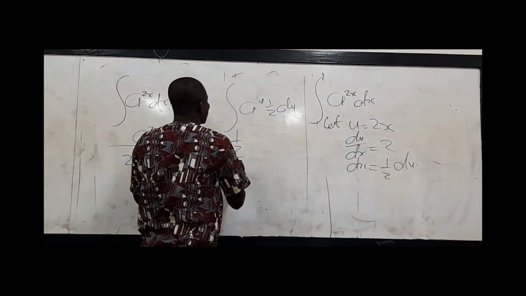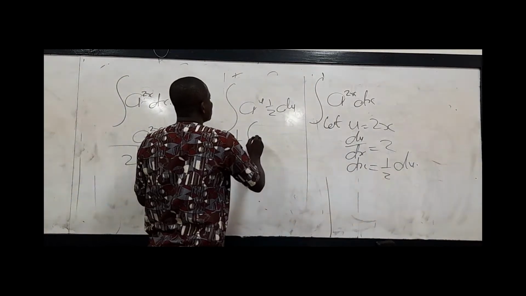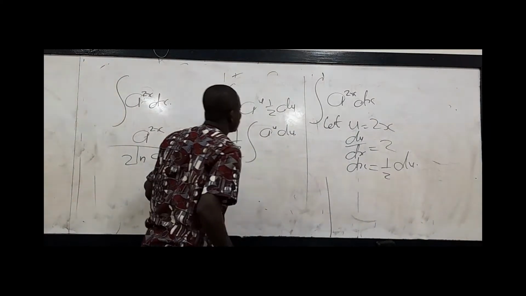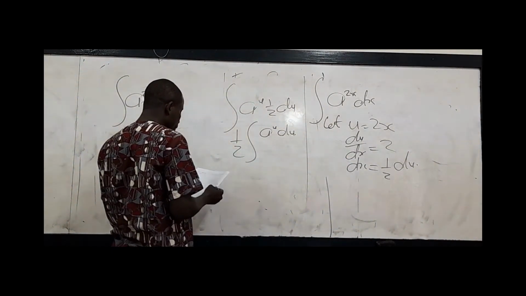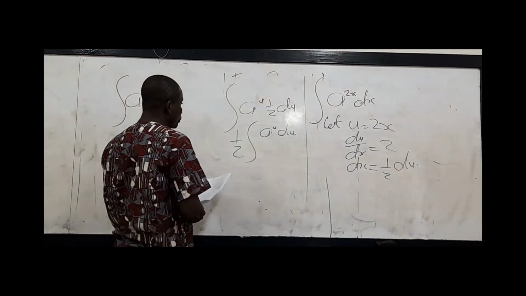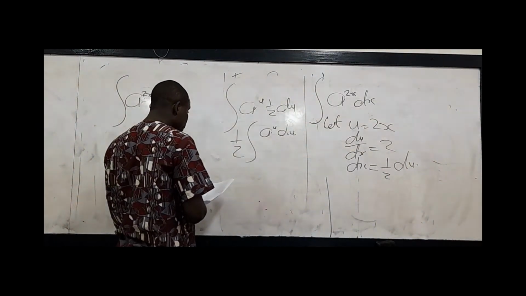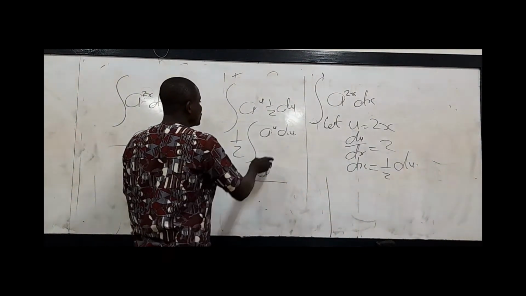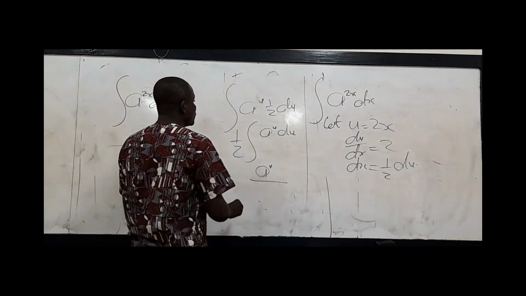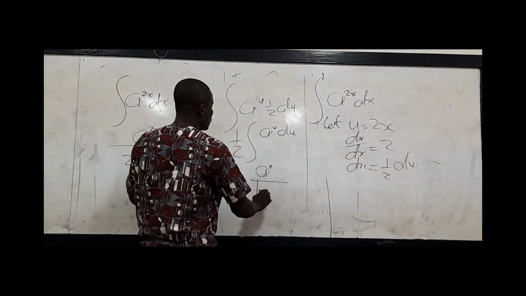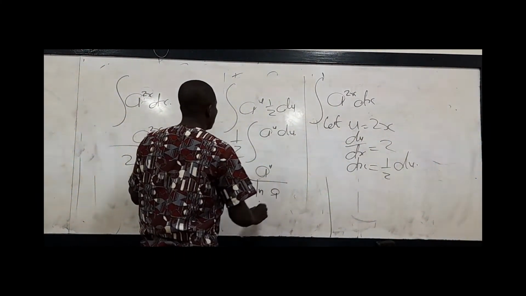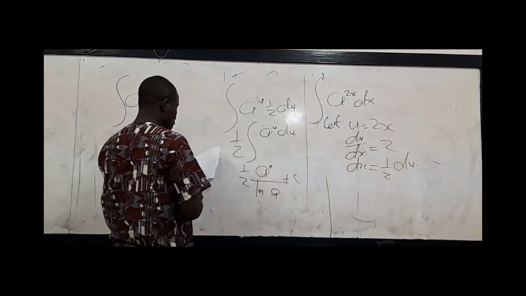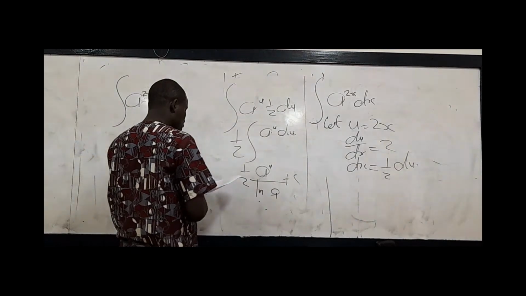So the half will come out, and the integral of a^u du, as we said earlier, we maintain this, and it's going to be a^u over the differential of this one, which is 1. So ln a. Our half is still here. Then plus C.